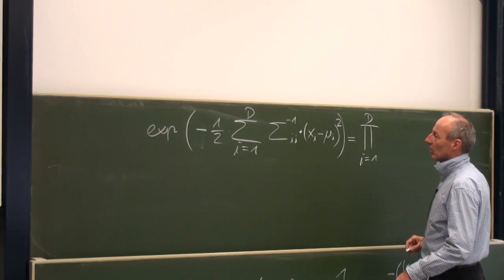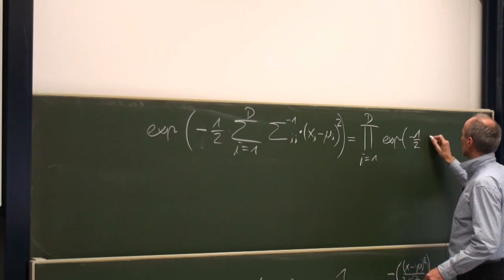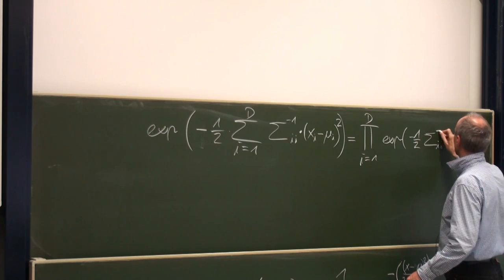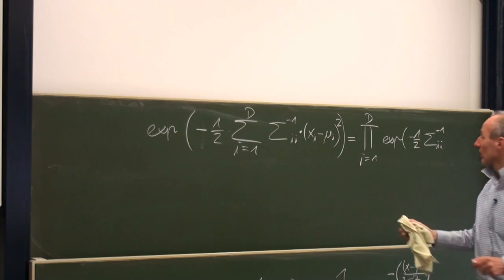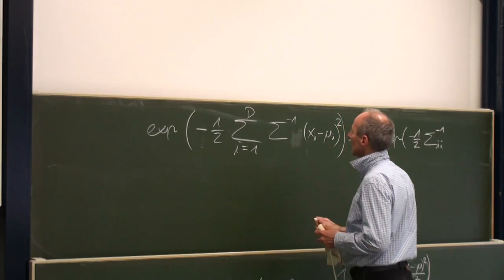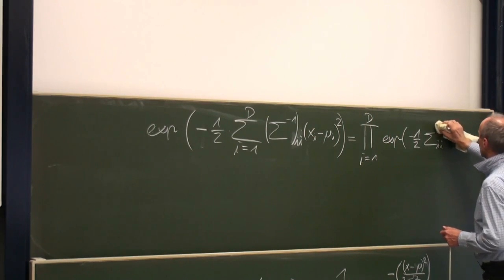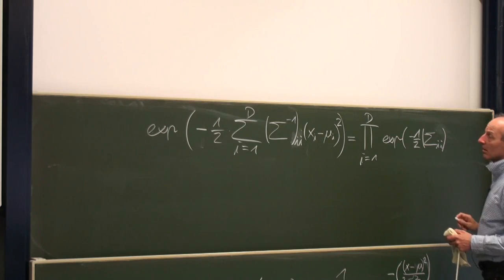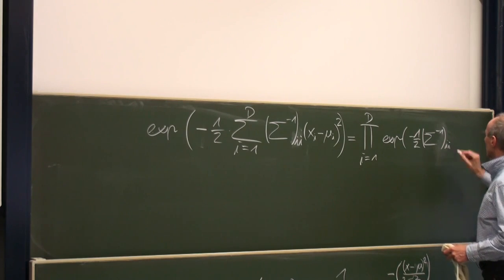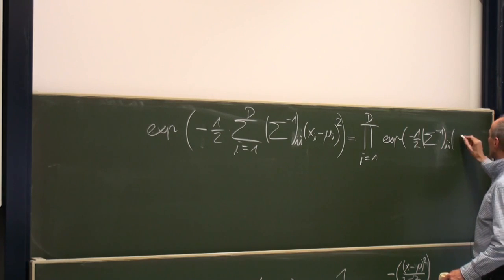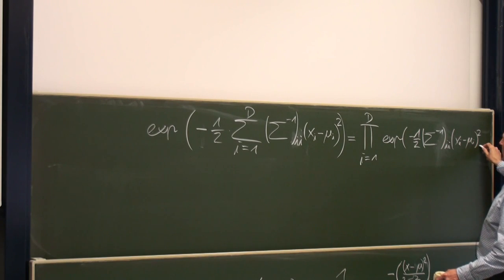The product of exp minus 1/2 sigma inverse, diagonal element, x_i minus mu_i squared.